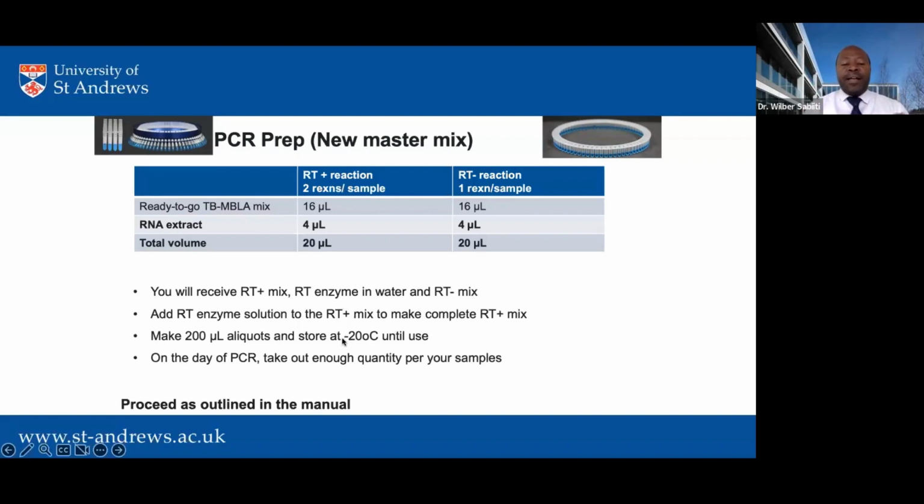So we advise that once you receive the kit, make small aliquots of 200 microliters and store them at -20 for further use. This will prevent frequent thawing and also prevent cross-contamination. At least if one vial is contaminated, then you have a chance to throw it away and then use the vials that have not been opened. So on the day of the PCR, you take out the quantity that you need, and then you make your master mix and run the PCR.